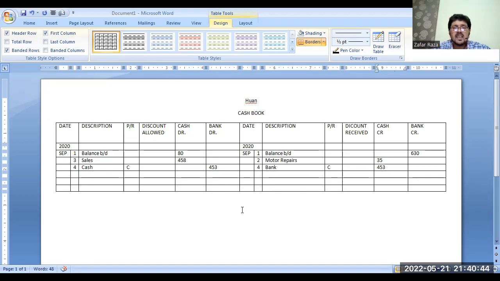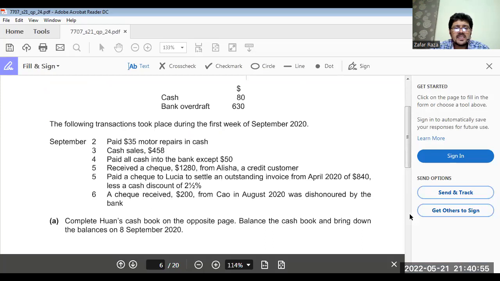Now, next is, how much the next transaction. Received a check 1280 from Alicia on 5th, a credit customer. We have received a check 1280. In British accounting or O-level syllabus, even in ACCA, when we receive a check, we always take this check as a crossed check, and we deposit this check into bank.